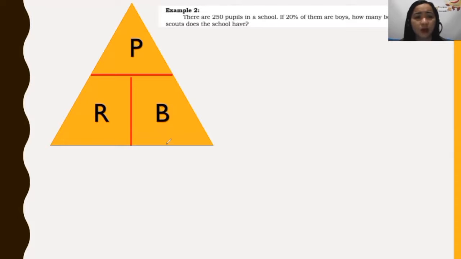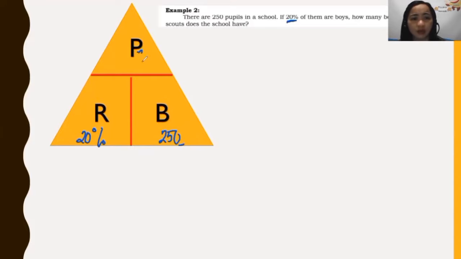So, yun yung kabuuang bilang. Lahat ng bata ay 250. Kung daw yung 20%, dahil may percent symbol siya, ay boys, how many Boy Scouts does the school have? Ang tinatanong lang, ilang Boy Scouts meron ng school. Kumbaga, part lang ng kabuuan ng bilang ng bata.